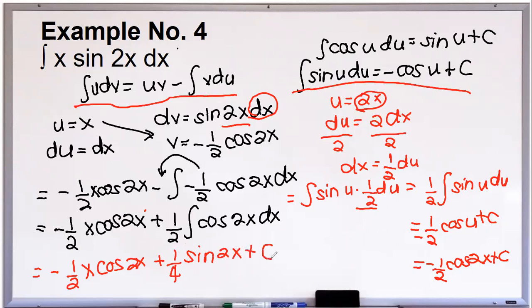Then plus c. Okay. So ibig sabihin ng integral daw ng x sine 2x dx is negative 1/2 x cosine of 2x plus 1/4 sine of 2x plus c.